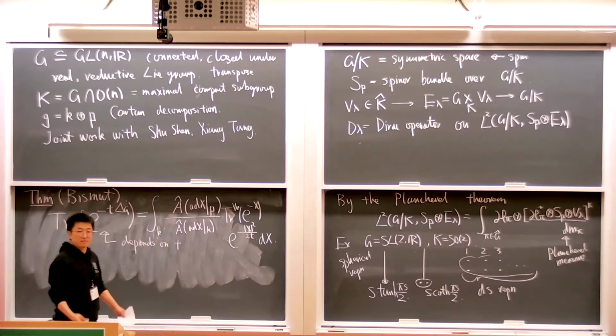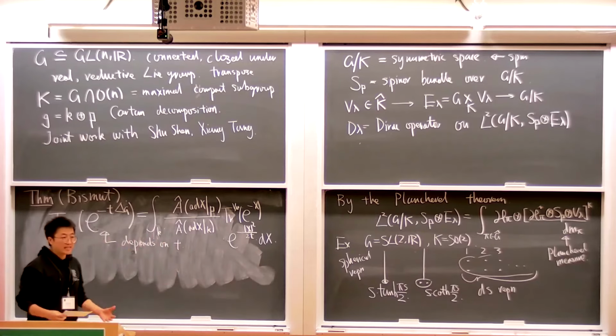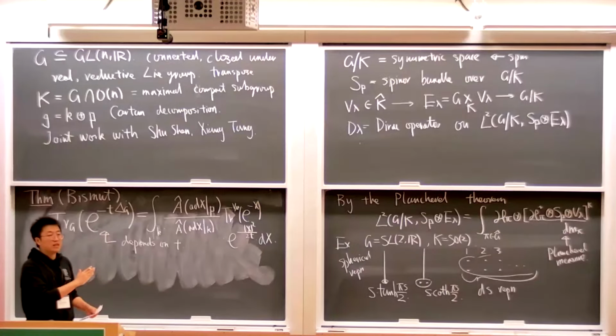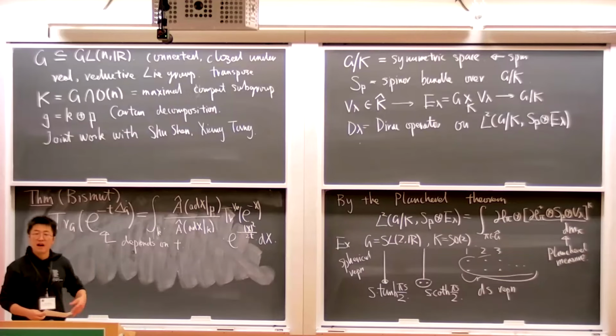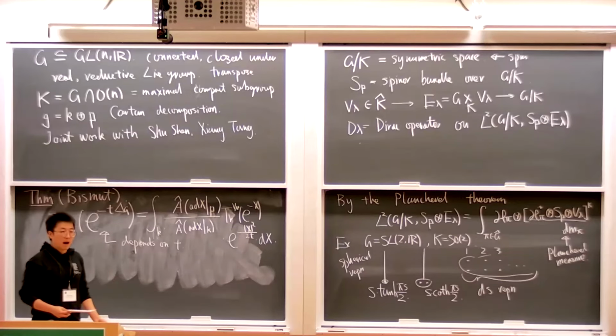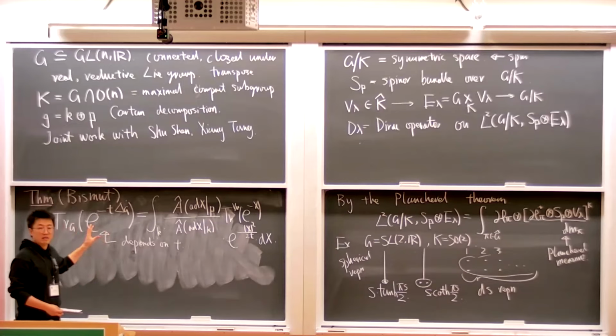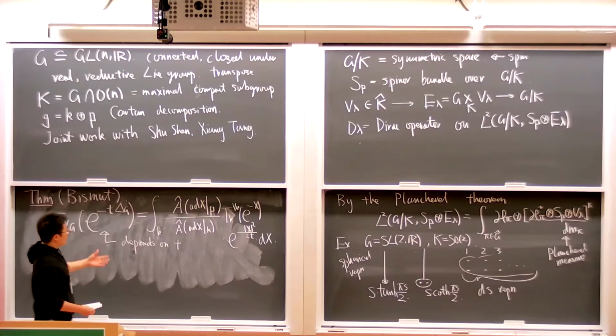So this is the main difference: in index theory for an elliptic operator, you compute its heat kernel, and the number should be independent of t. That is the point of the index theorem for elliptic operators. But it's hypoelliptic, so this number definitely depends on t.